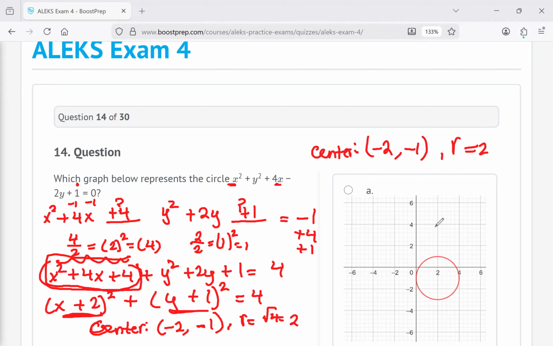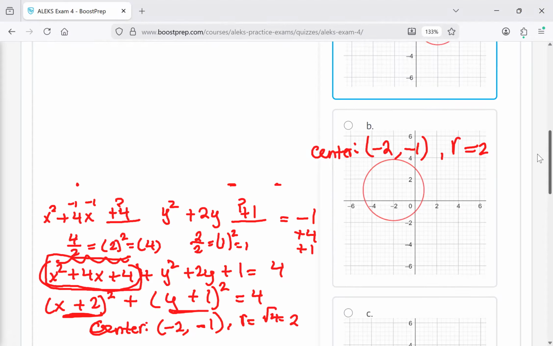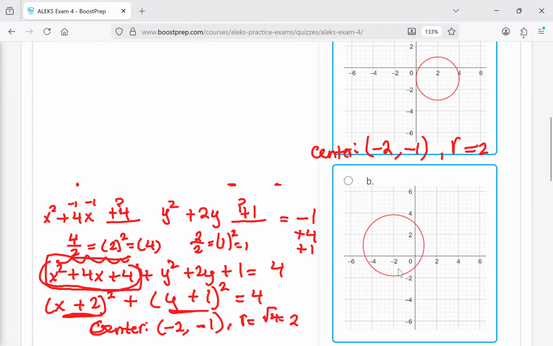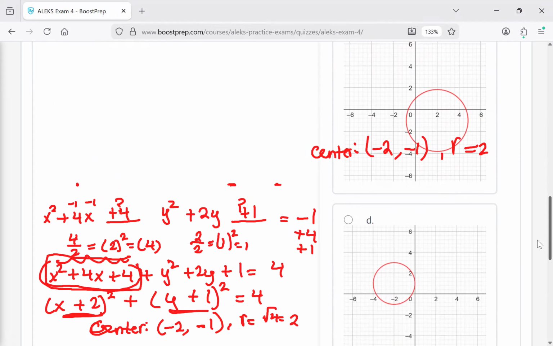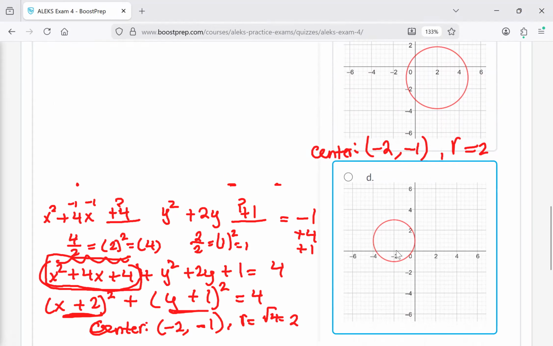Which graph gives you a center of negative 2, negative 1, radius 2? Is it A? No. Is it B? Maybe, no. Negative 1, that's off. Is it C? No, wait, the center's off. Is it D? Negative 2, negative 1.